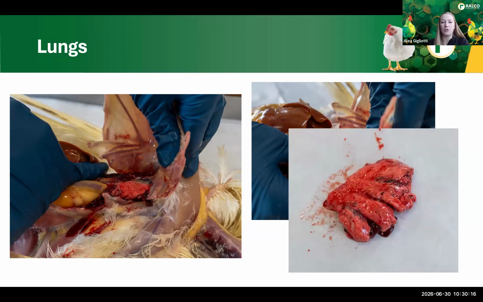And by the time you're finished, you should be able to see something like a very bright pink, firm but spongy organ, free of any fluid or nodules, any kind of exudate coming out of that lung. It should be a very bright and firm, spongy organ.